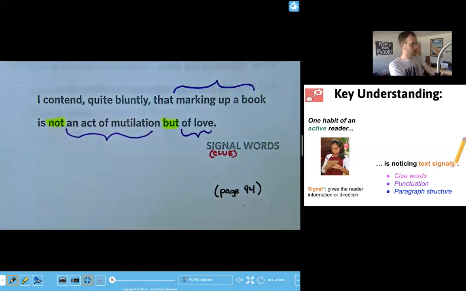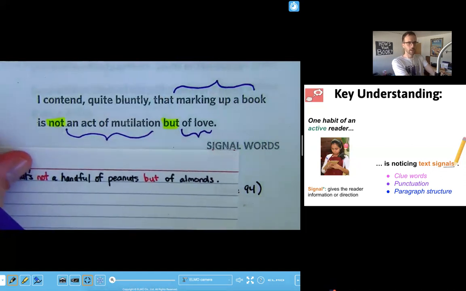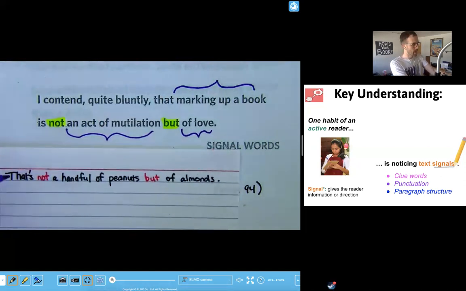Let's look at another example of a sentence that uses the same structure. In this sentence, he says, "That's not a handful of peanuts, but of almonds." Notice how the words not and but work together.